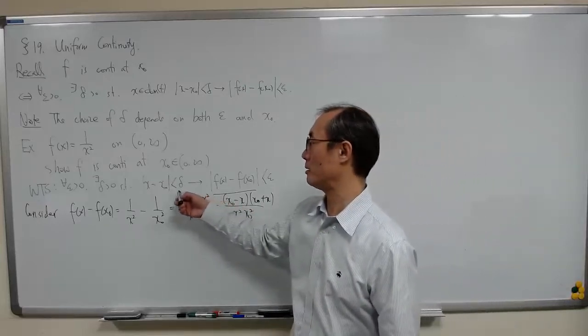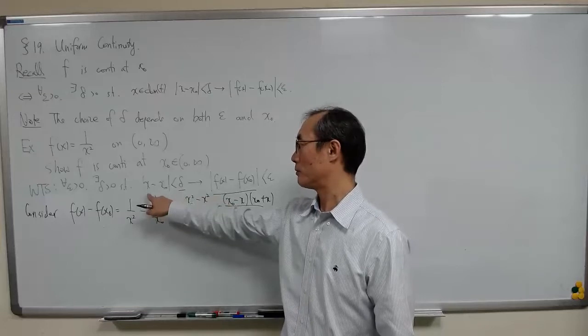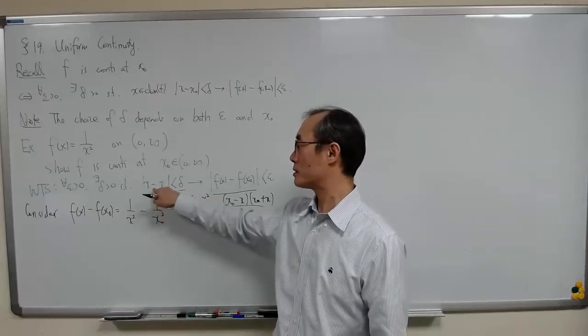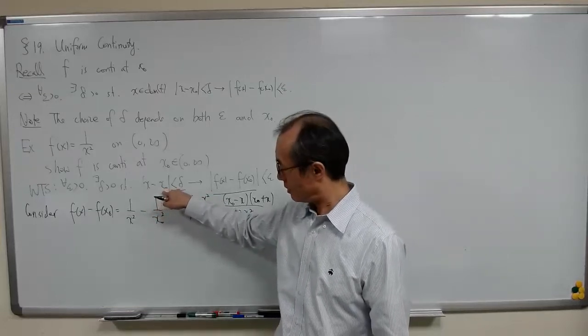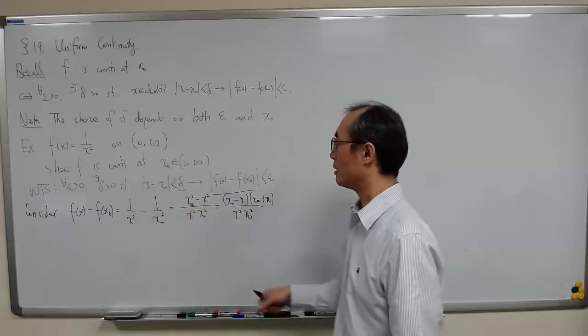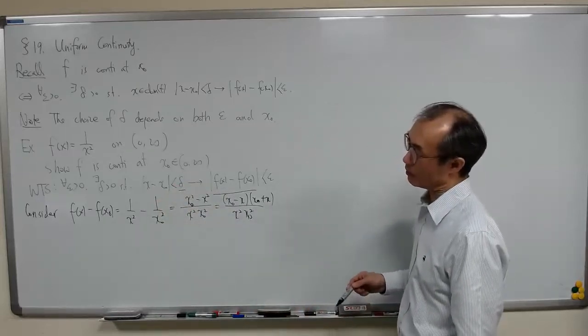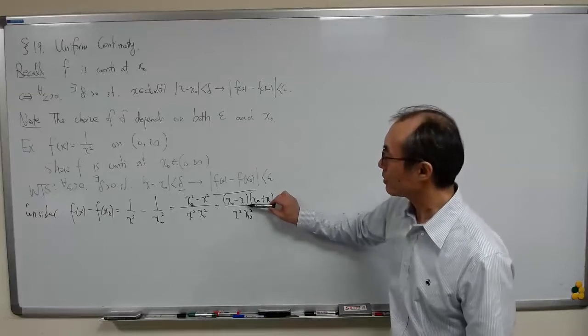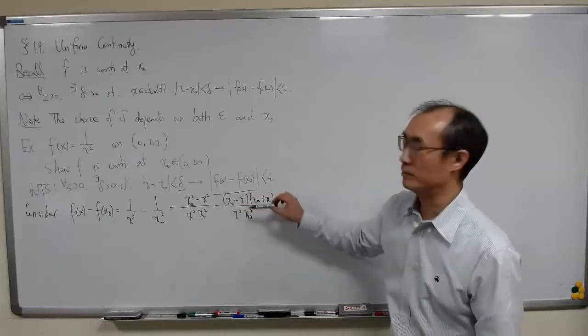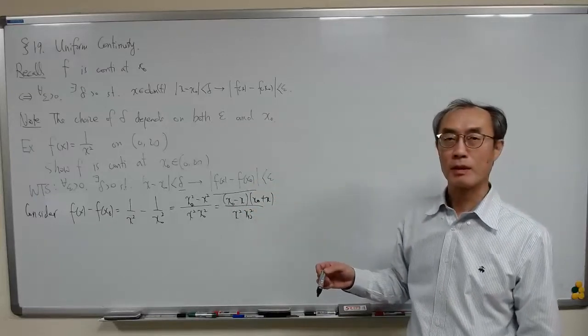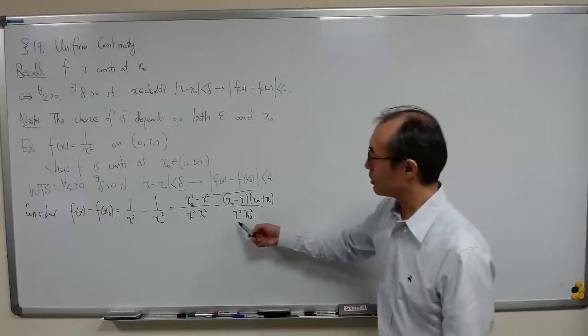To get an estimate for this kind of expression, we're going to choose delta and consider the x for which the difference between x naught and x is smaller than delta. So we can control the size of this term. Then what about the other terms?